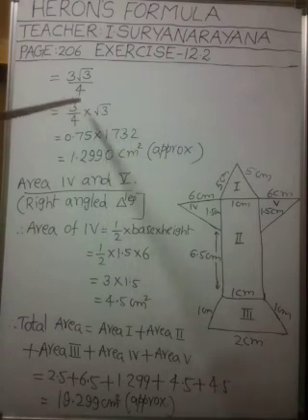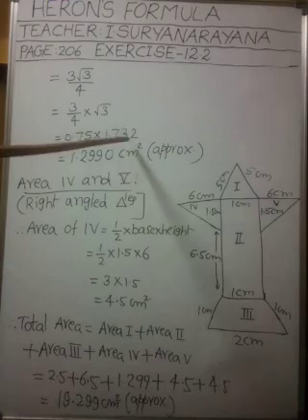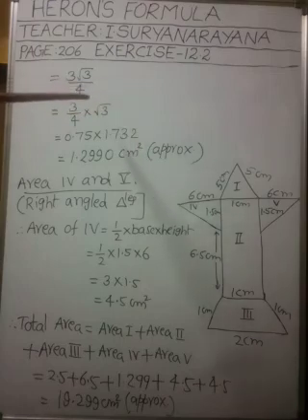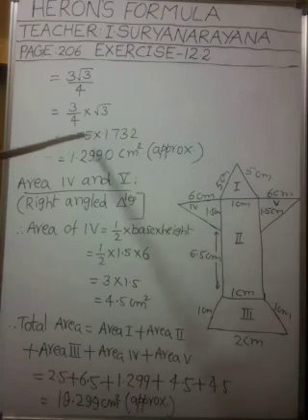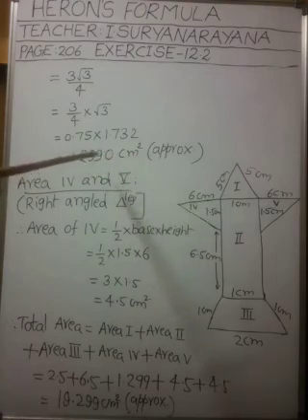What is the value of 3 by 4? 0.75 into, what is the value of root 3? 1.732. Okay, my dear children, you have to calculate these values separately in rough work. Right. Now we multiply these two numbers. By multiplying these two numbers, we get 1.2990 centimeter square approximately. Understood this point, my dear children?